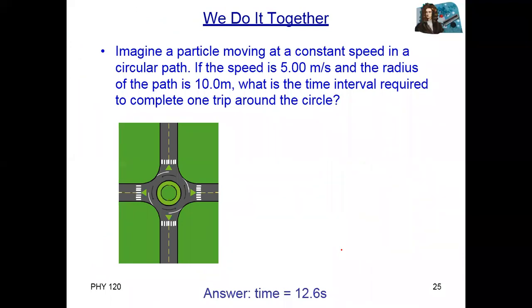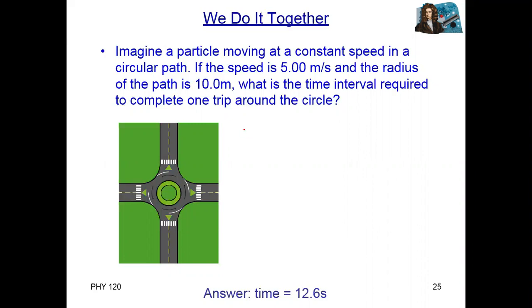Who will tell me how to find time? Imagine a particle moving at a constant speed on a circular path. Imagine you are moving in a circular path. Speed is 5 meters per second, and the radius of the path is 10 meters. So what is the time interval required to complete one round of the circle? Who will tell me, what is given?